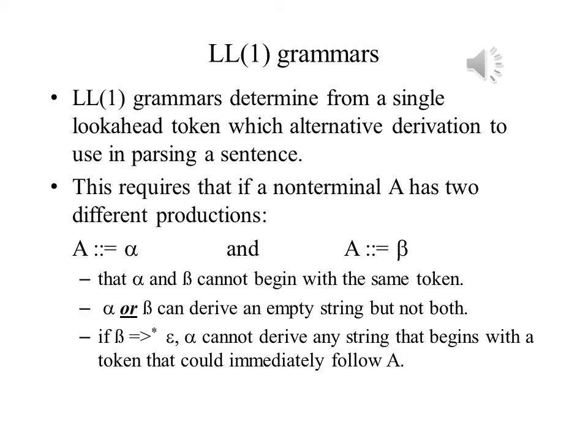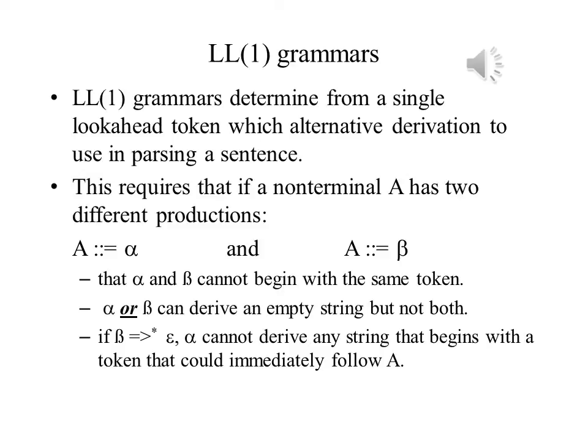We need to be able to determine which one of two or more alternative derivations we will use. That means that if A can derive either alpha or beta, they cannot begin with the same token. Also, we can have it derive an empty string, but only one of these alternatives can do this.